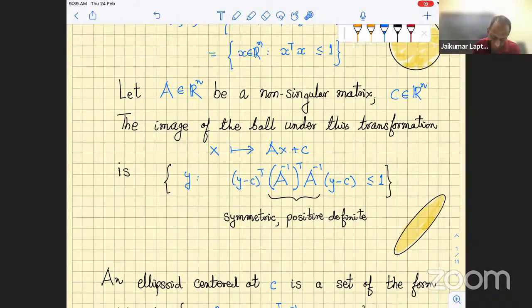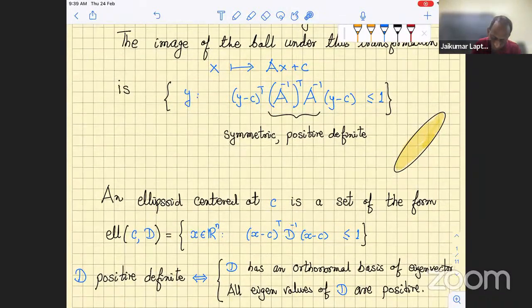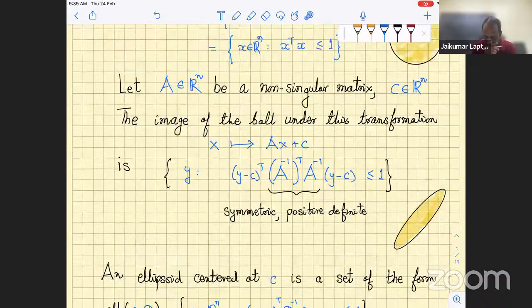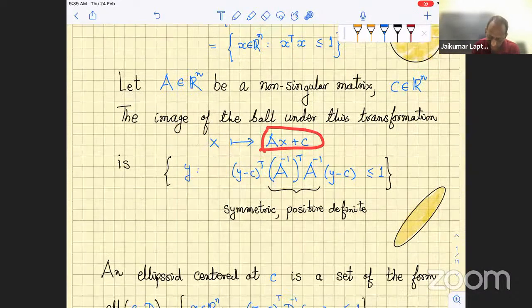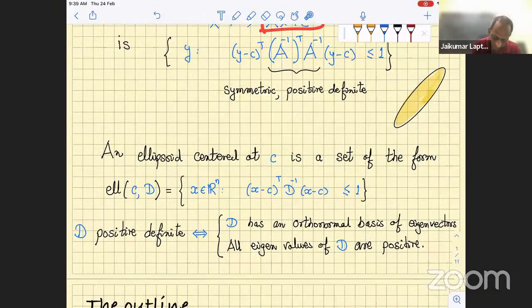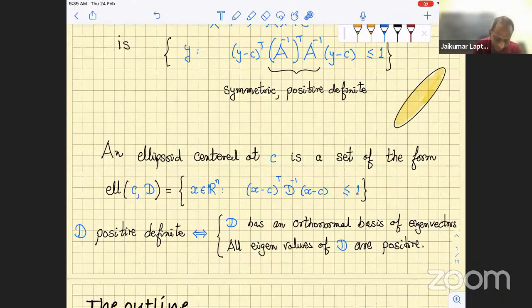So our definition is basically anything that is obtainable by a linear transformation, or in general an affine transformation. And so we can use this as our official definition of an ellipsoid.